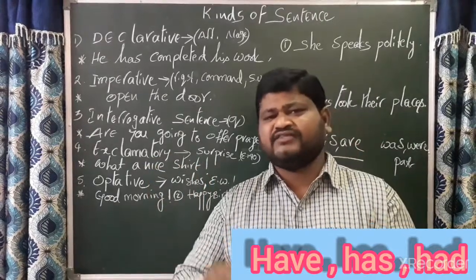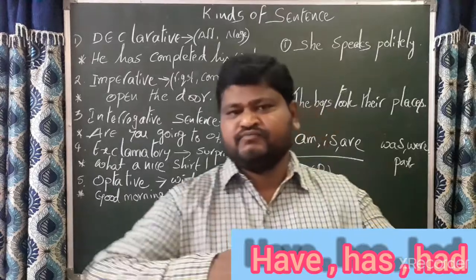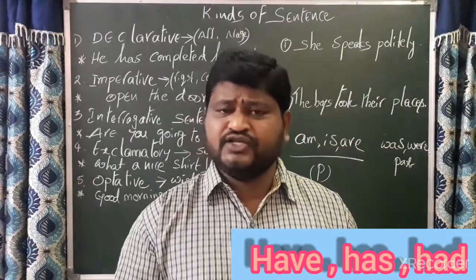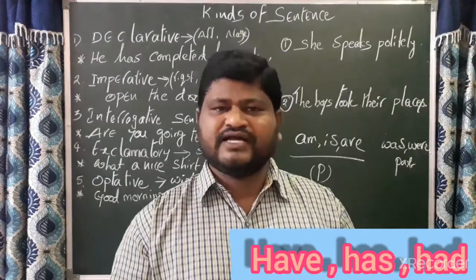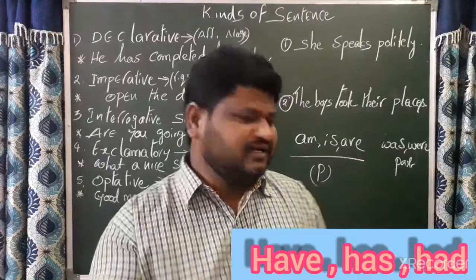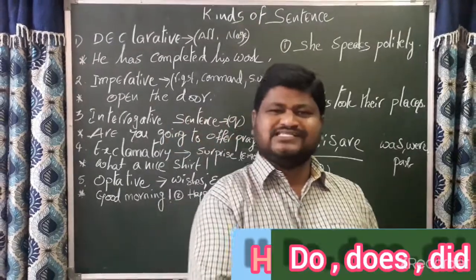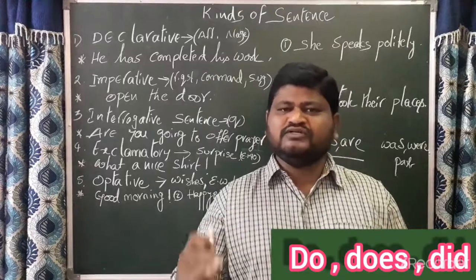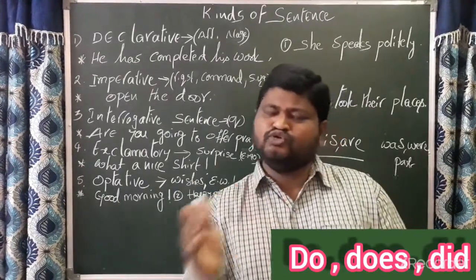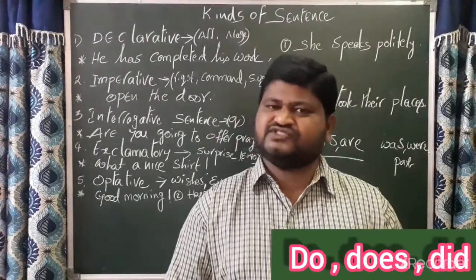And when we have a plural subject, we use have. In the past tense we use had. And next the do forms: do, does, did. Do is with V1, does is the present tense, and did is the past tense, friends.